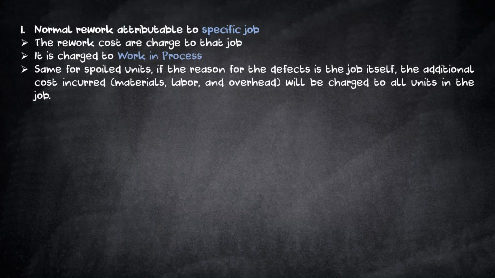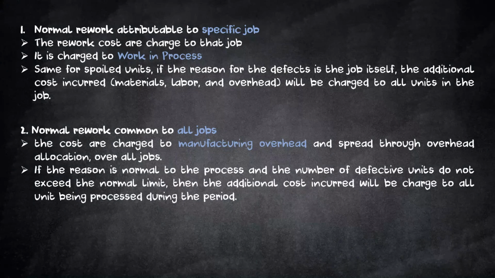Now, syempre, since same lang to sa spoiled materials, alam nyo na kung ano yung kasunod. Okay, so ang kasunod natin is yung normal rework common to all jobs. So, gaya nga nung sa spoiled materials, ang cost natin ay i-charge natin sa manufacturing overhead and ipapakalat over all jobs. So, kung ang reason natin is normal, yung additional cost incurred natin ay i-charge sa lahat ng units produced during that period. So, paano nga ba ang entry naman dito?